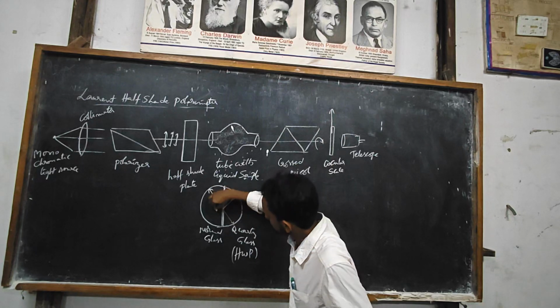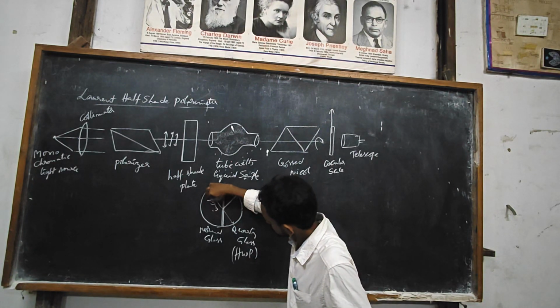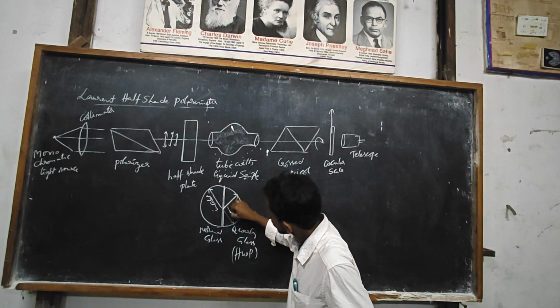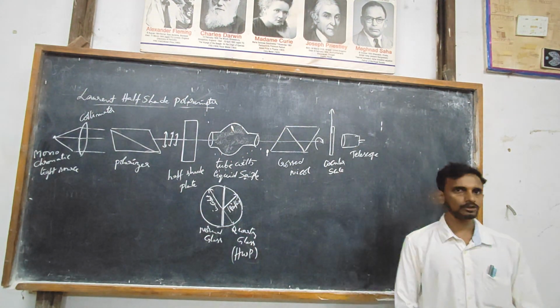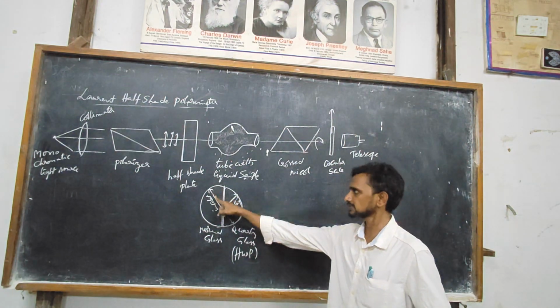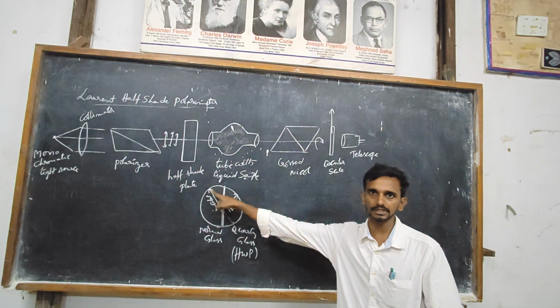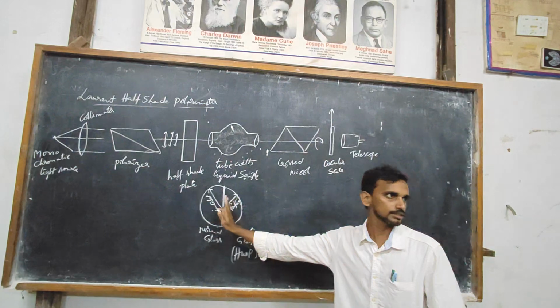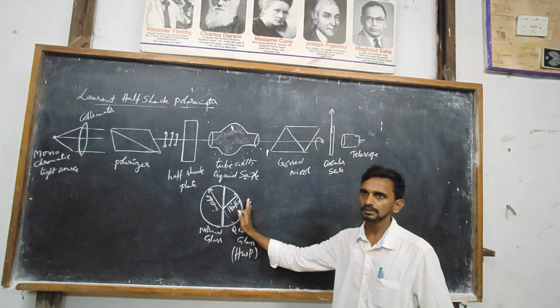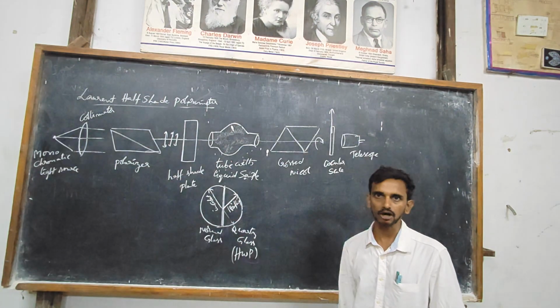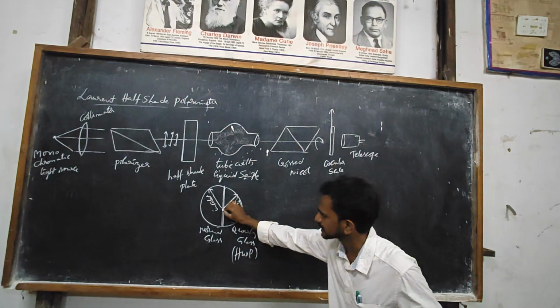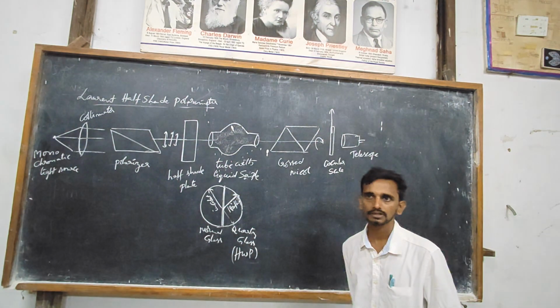So this is the incident, and this is the 180 flip. Let's say if the incident light ray is along this direction, in the second half of the region, this quartz plate acts as a half wave plate, so it flips the light ray by 180 degrees.